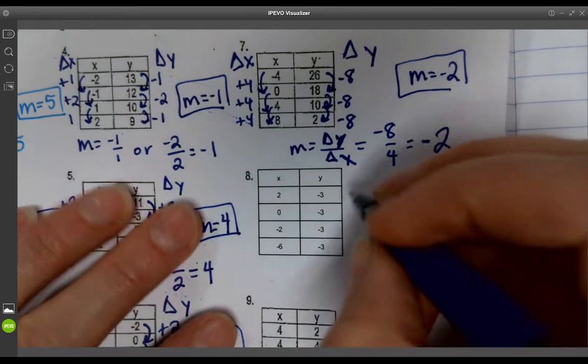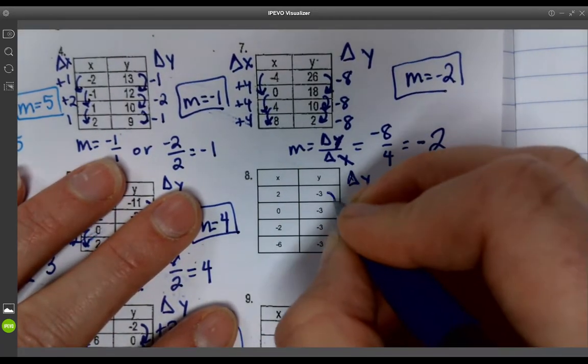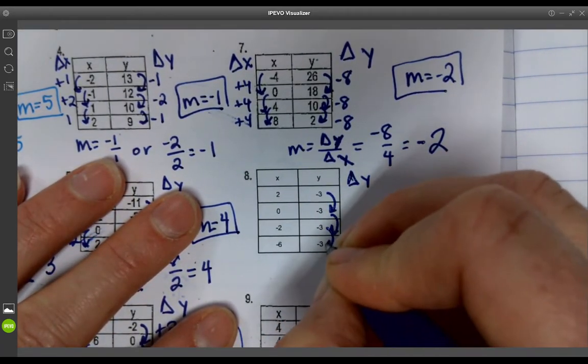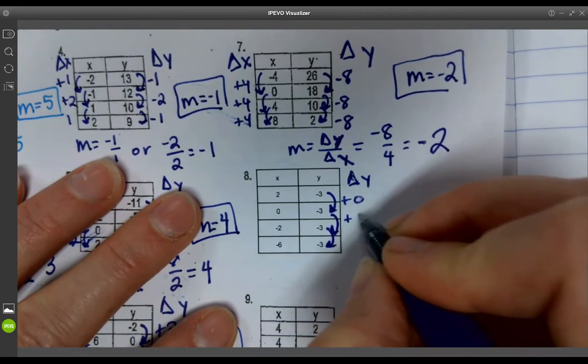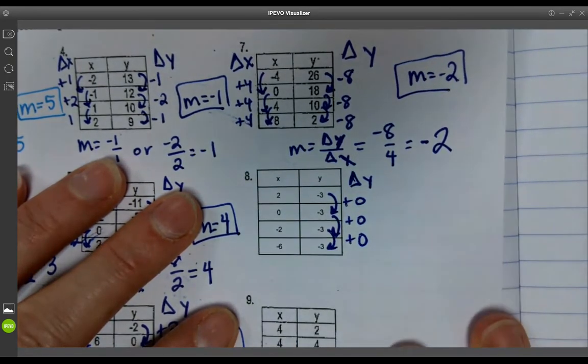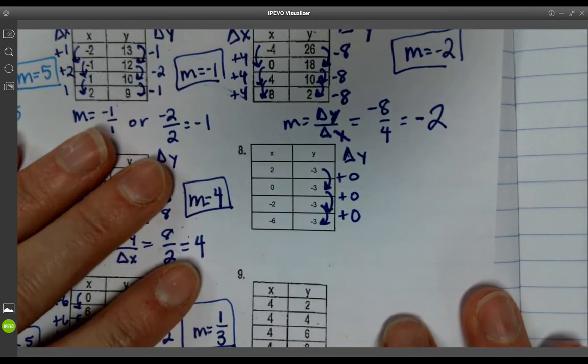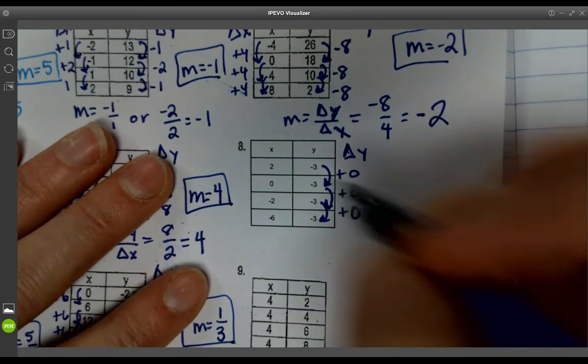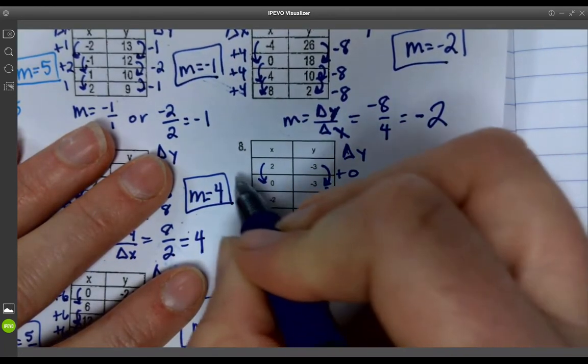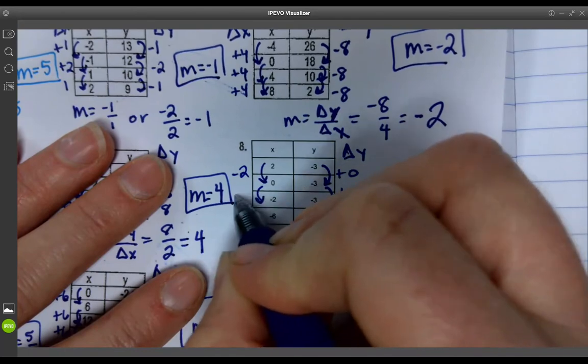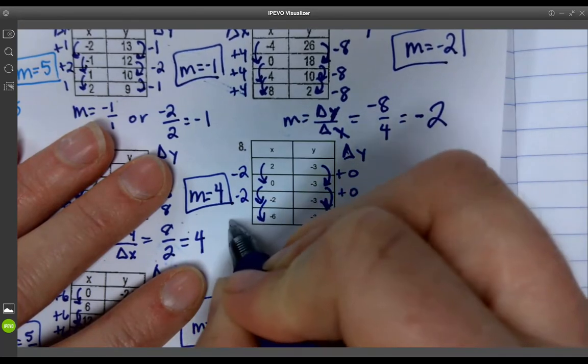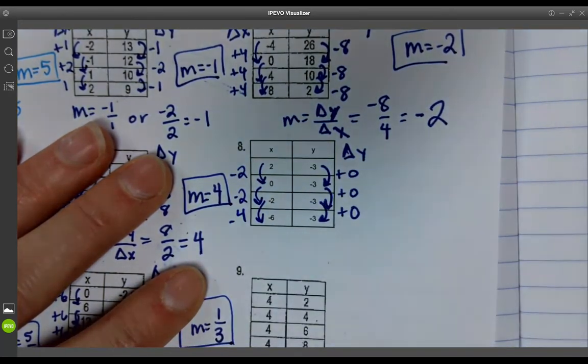Okay, our next one, change of y's. There are no changes. It's all negative 3. That's a plus 0. 0 change there. The x's is subtracting by 2. Now the next is subtracting by 4.